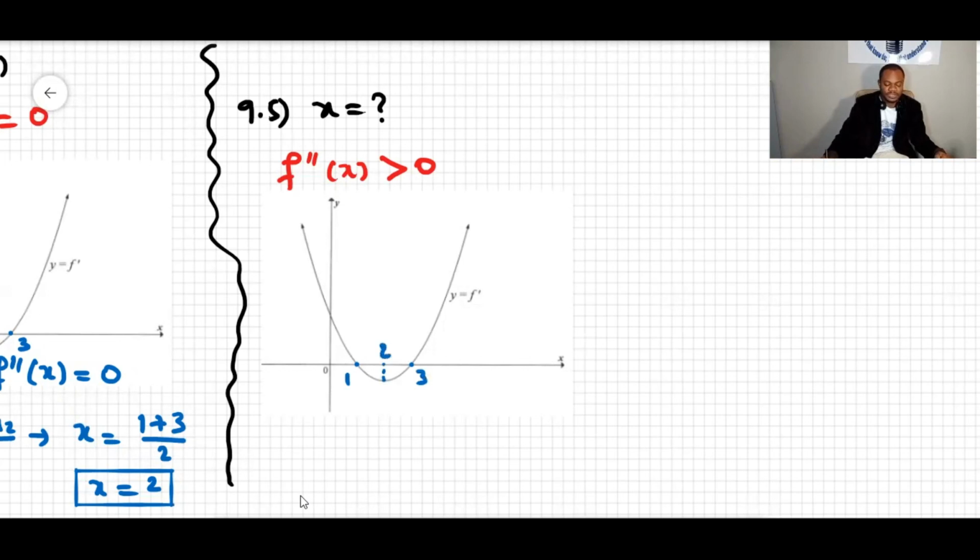We said it's concave up if the second derivative is greater than 0. The second derivative is greater than 0 if x is more than 2, because here it goes down, but there it goes up. So this is possible only if x is greater than or equal to 2. So this is the condition.